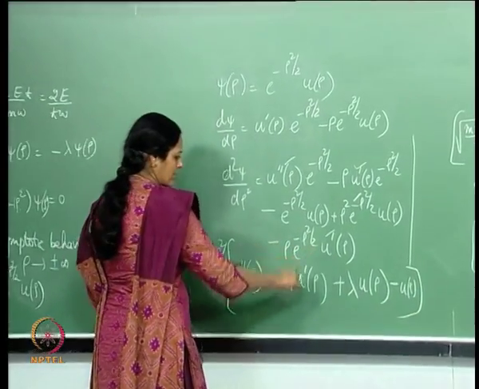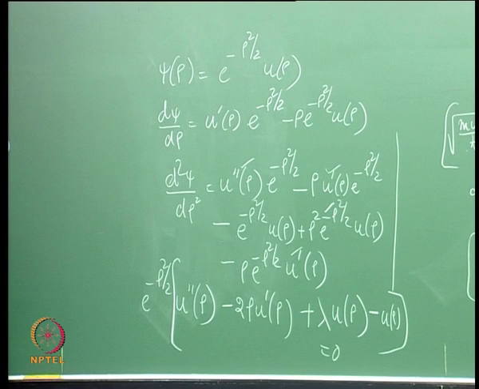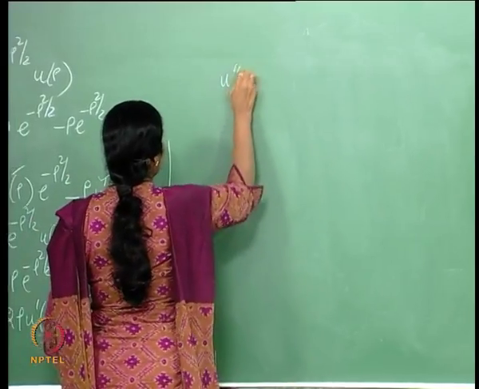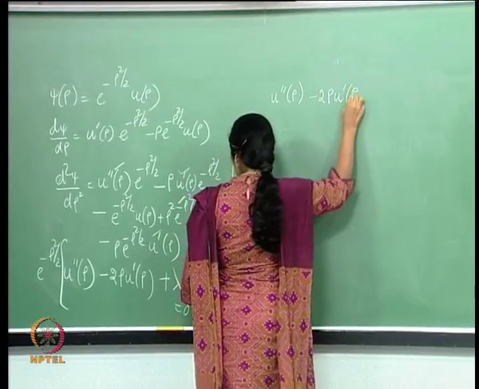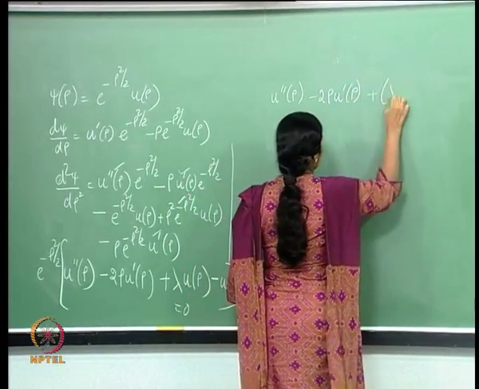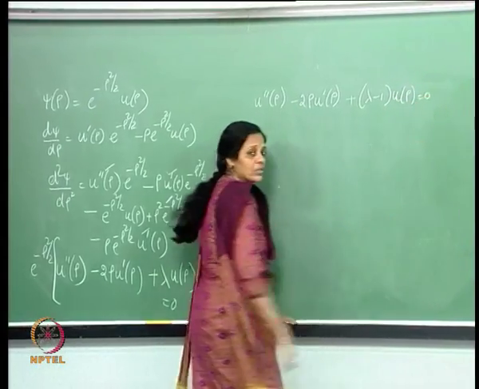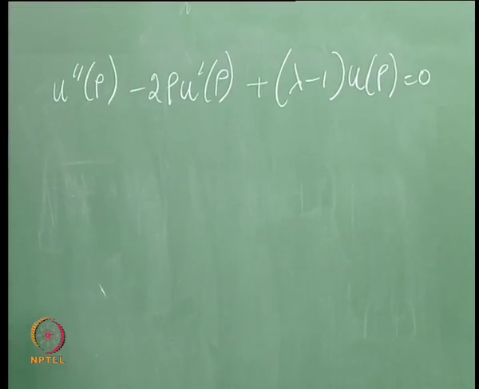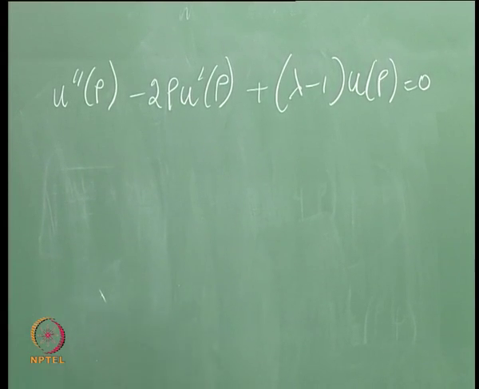So this object is equal to 0. So let me write this in a convenient fashion. I have u double prime of rho minus 2 rho u prime of rho plus lambda minus 1 u of rho equals 0. So this is the equation for u, second order equation, which needs to be solved.